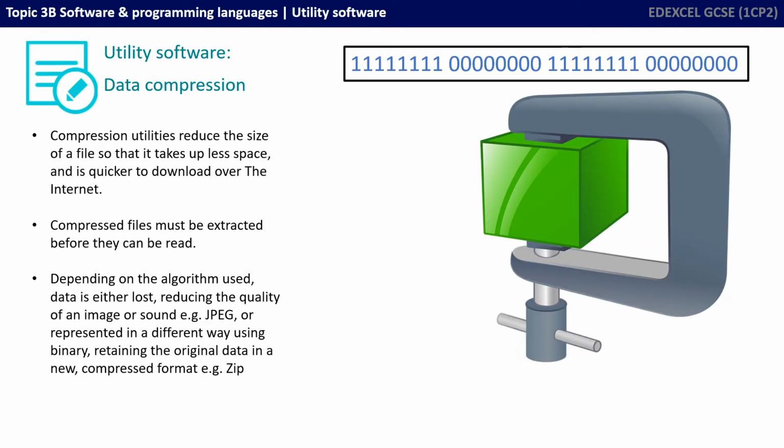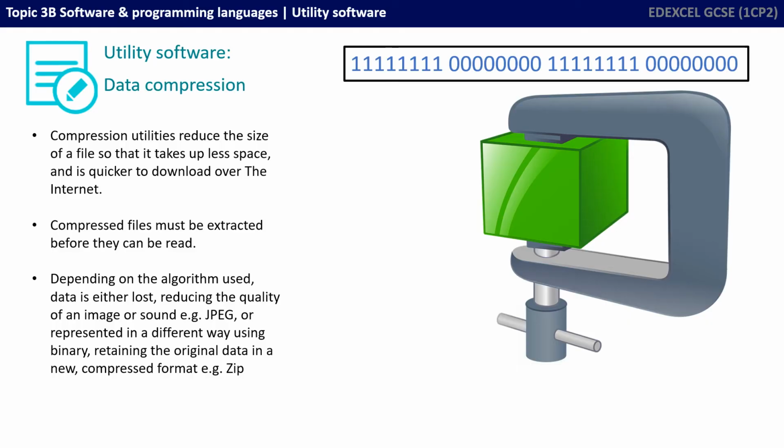Compression utilities reduce the size of a file so it takes up less disk space and is quicker to download over the internet. Compressed files must be extracted before they can be read. So typically we might consider a video on YouTube like the one you're watching now. It needs to be compressed because you want to watch that video in real time.